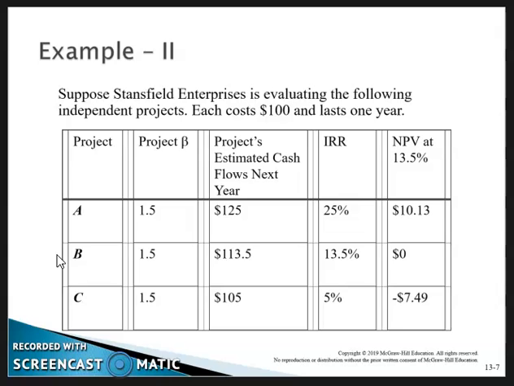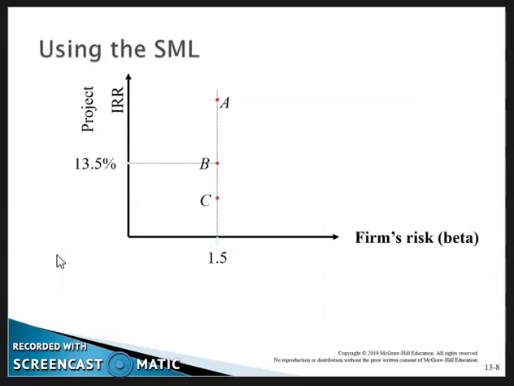So we look at it based on the security market line. We'd have project A up at the top, B in the middle, and C below. We've got the IRR on the y-axis and the beta on the x-axis, as we always will.